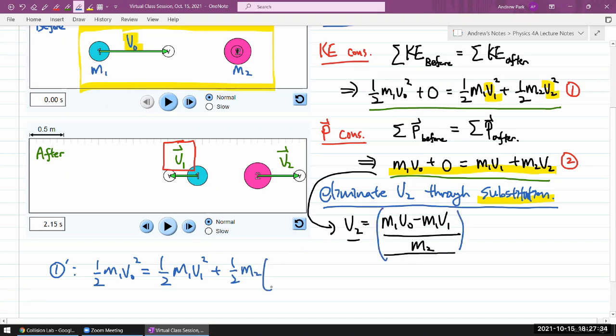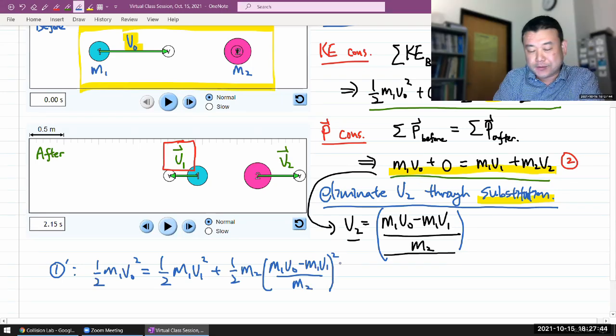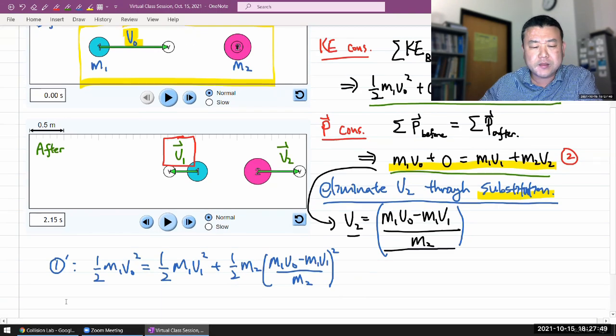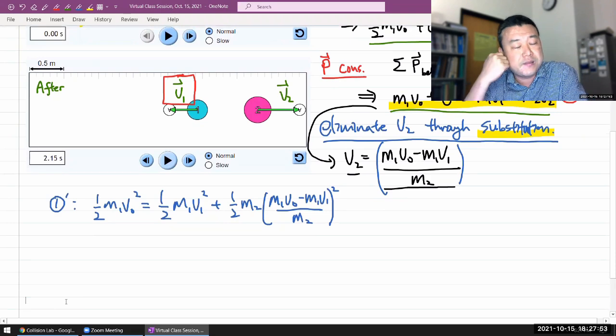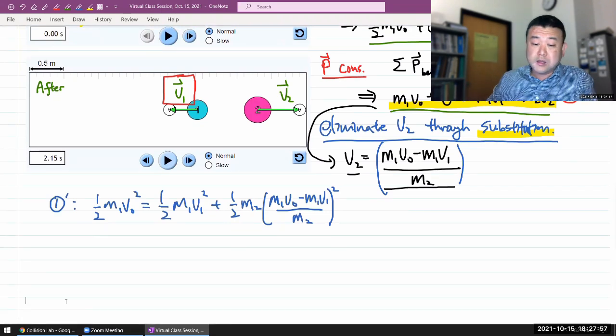Yeah, not pretty. M1 V0 minus M1 V1 over M2, squared. And I will tell you before I go on further that it's not going to be pretty. The biggest thing that should get the blame is the square in my kinetic energy expressions. That has potential to really complicate my algebra.